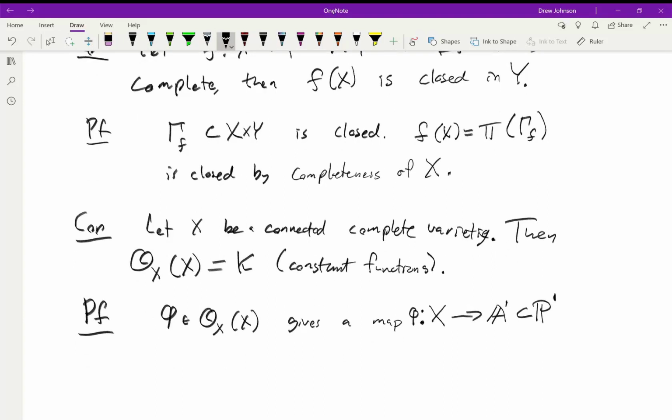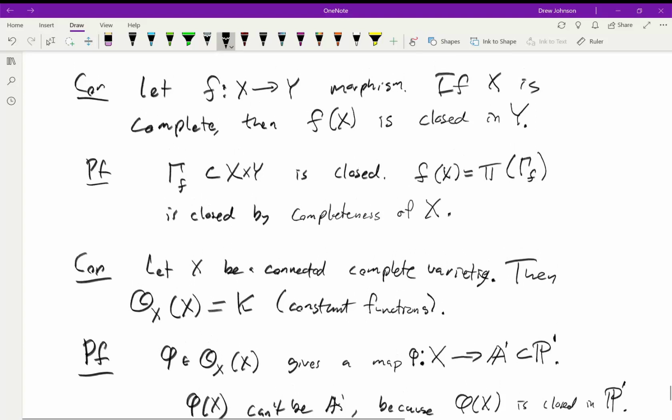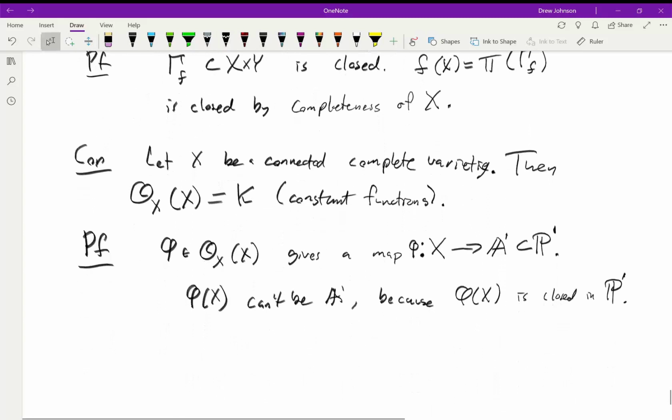That shouldn't cause any confusion. Let's think about what the image could be. First, phi(X) has to be closed in P1, because of our previous corollary: if X is complete, then its image has to be closed.